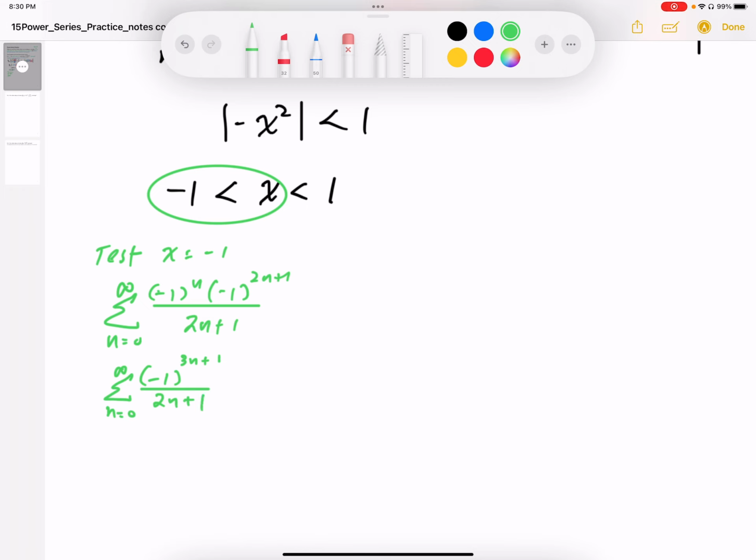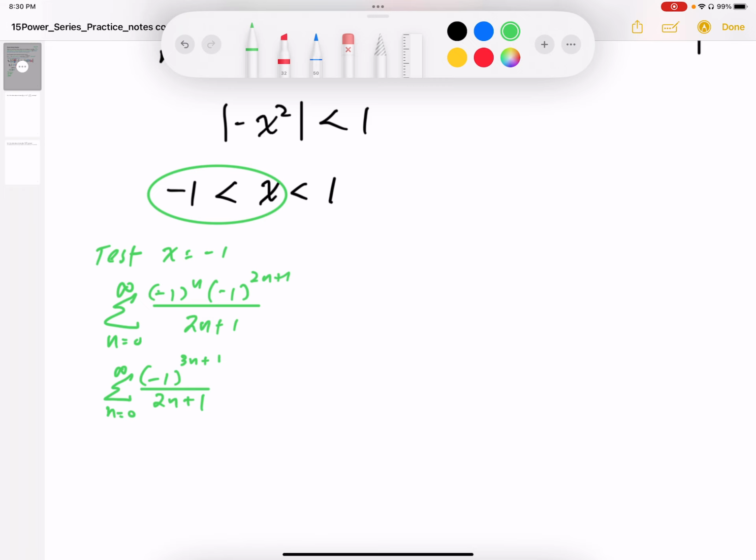Now we just have to determine whether this alternates. And because of the 3n, the 3 there, it's going to alternate between, if I plug in some values, n is 0, I get 1, n is 1, I get an even, n is 2, I get an odd, n is 3, I get even.